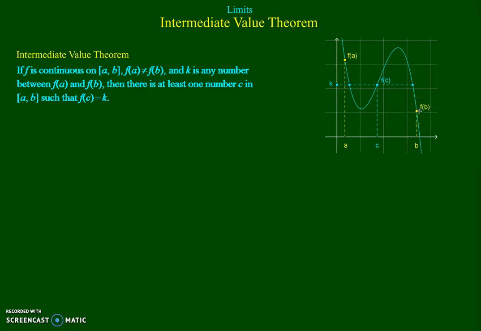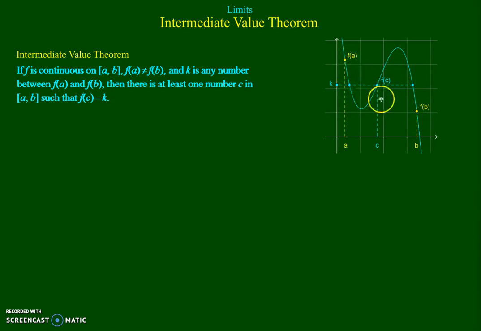And the reason it's sometimes called the Cornstalk theorem is, let's say that you're growing a stalk of corn, and at one point in time the corn stalk is 3 inches high, and at a later point in time the corn stalk is 12 inches high. There had to have been a point in that interval where the corn stalk was 6 inches high.